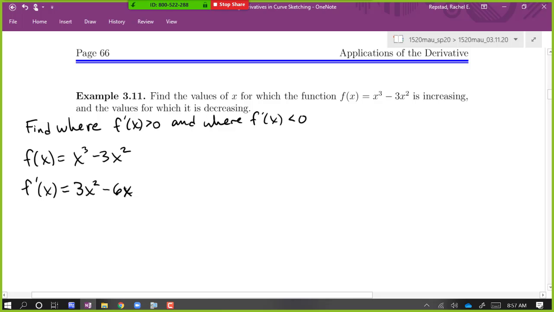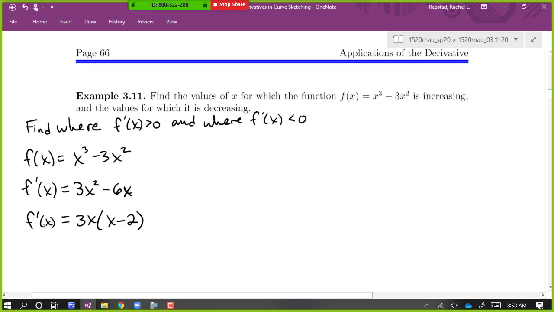In order to figure out where this is increasing or decreasing, I want to be able to look at its factors. And we'll see why in a second, why that makes it so much easier. So I'm going to factor out a 3x. And so we get 3x times x minus 2. There's our derivative. This is a useful form for the derivative for our purposes.